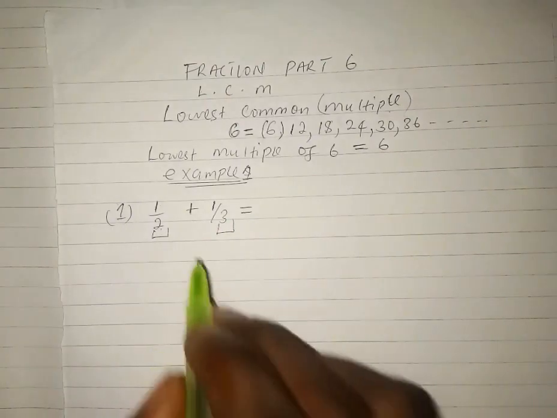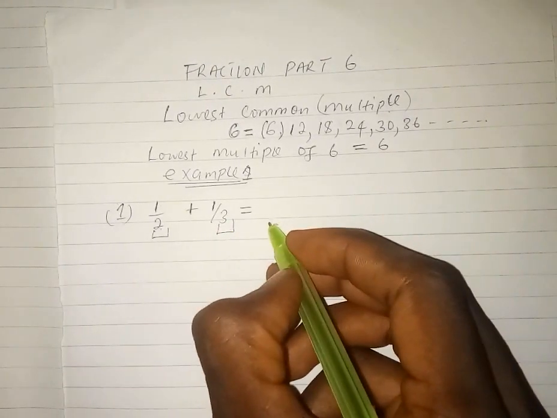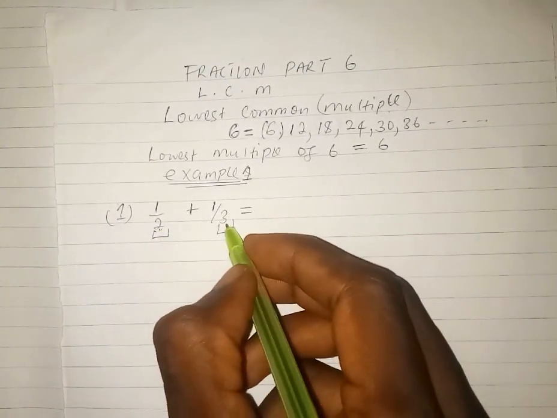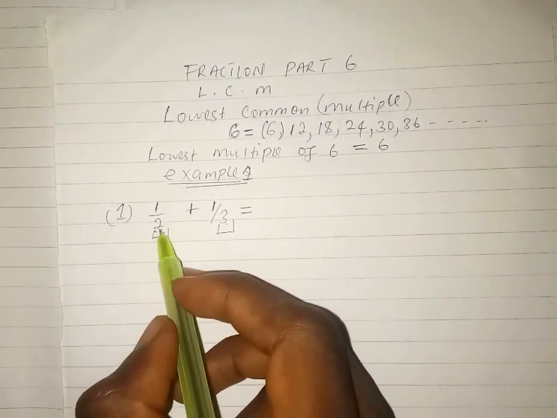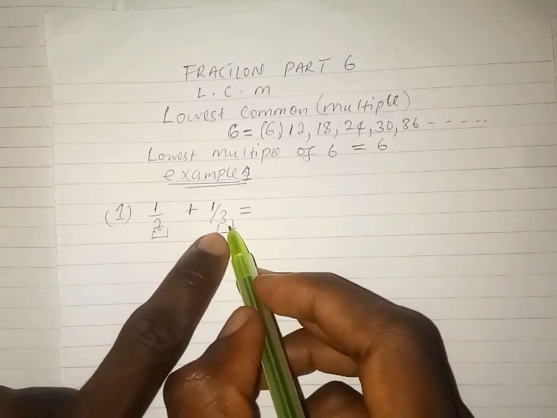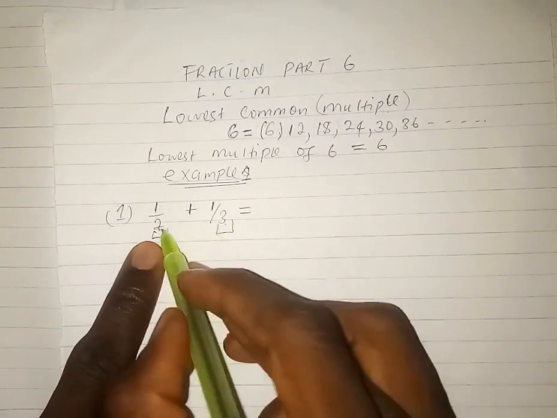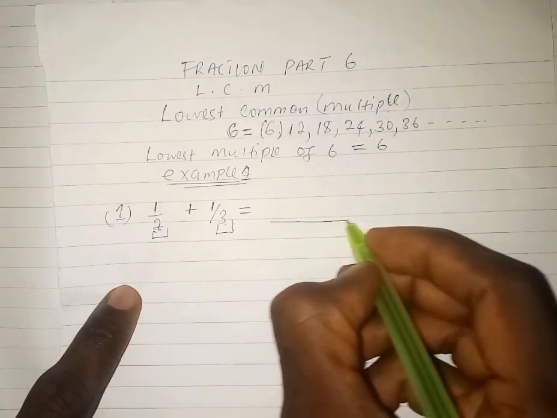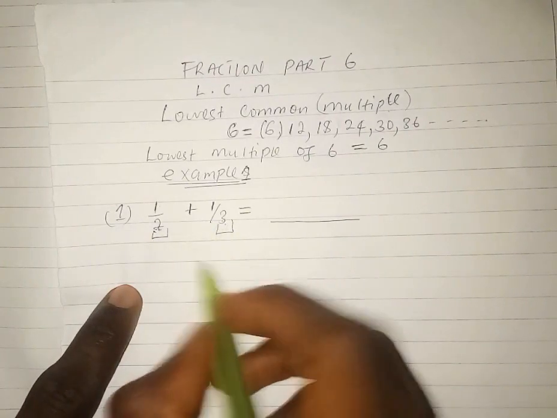The first thing you have to do is notice this is an even number and this is an odd number. That is why I started with this example. Whenever you see an even number as one denominator and an odd number as the other, you need to multiply them in order to find your LCM. So the first thing is that you draw a line like this. 2 times 3 is going to give us 6.